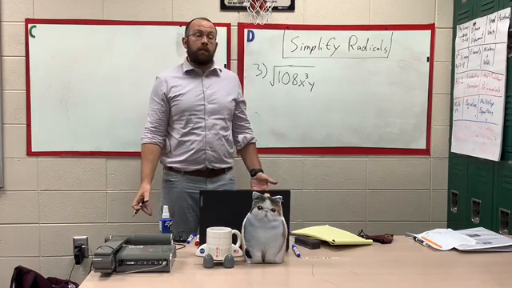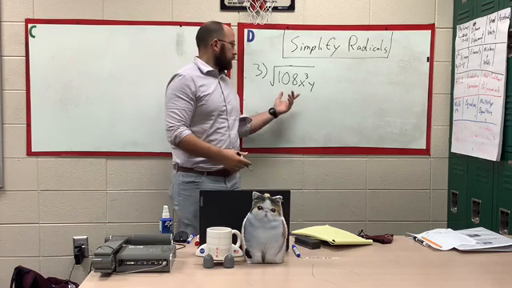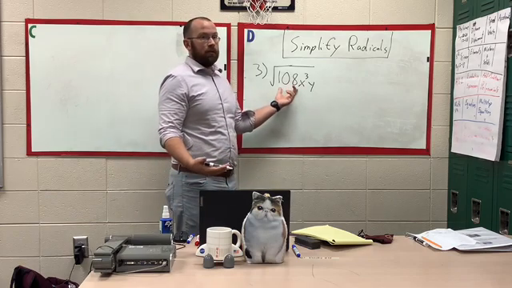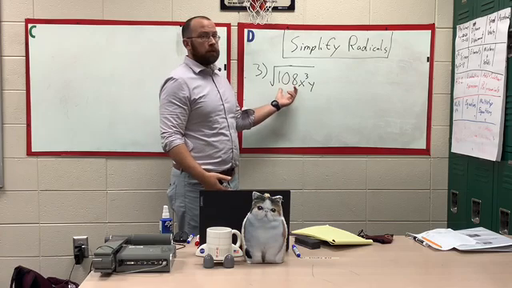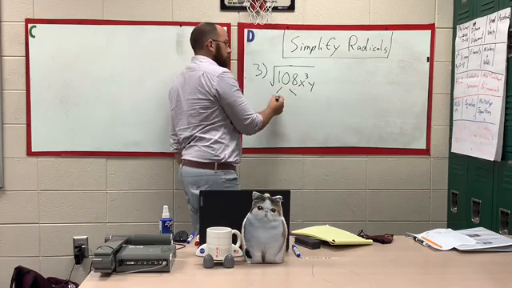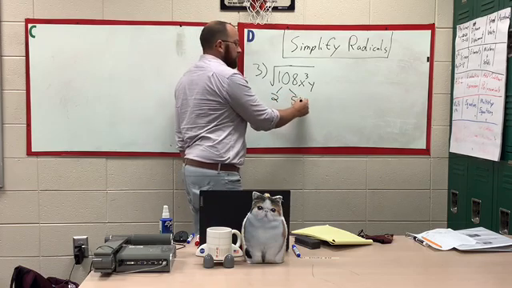All right, for our last problem, I'm just going to throw it all together and make it a little bit more difficult. So 108, is it a prime number? No. Is it a perfect square root? No. So we have to simplify it. So 2 is the least one that goes into it, and 54.